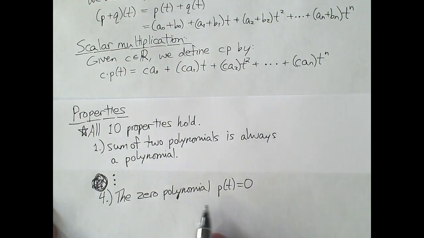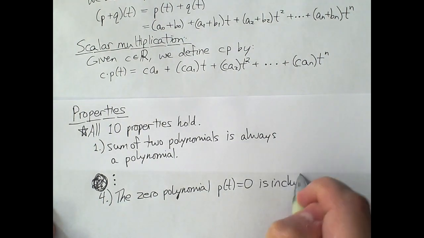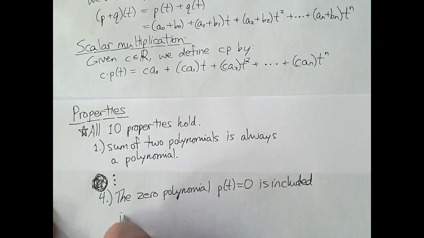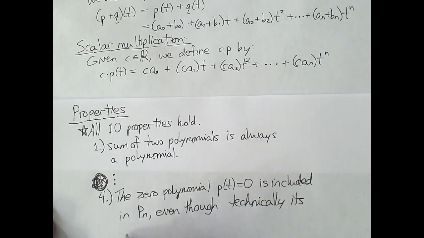So this is like the constant function, p of t equals 0. No matter what value of t you plug in, the result is always 0. It is included in Pn, even though technically its degree is undefined.